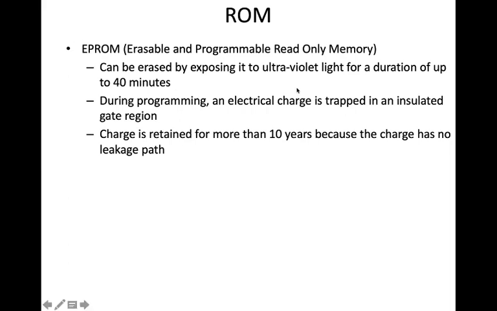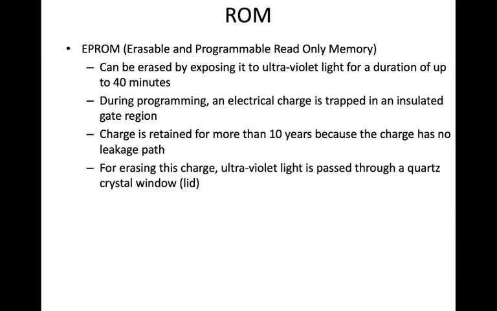So EPROM works based on electrical charge, which is trapped inside an insulated gate design, and this charge will be retained for more than 10 years because there is no leakage path. That is why something written on the ROM will remain there permanently. For erasing this charge, UV light is passed through a quartz crystal window. We can pass it and delete it.